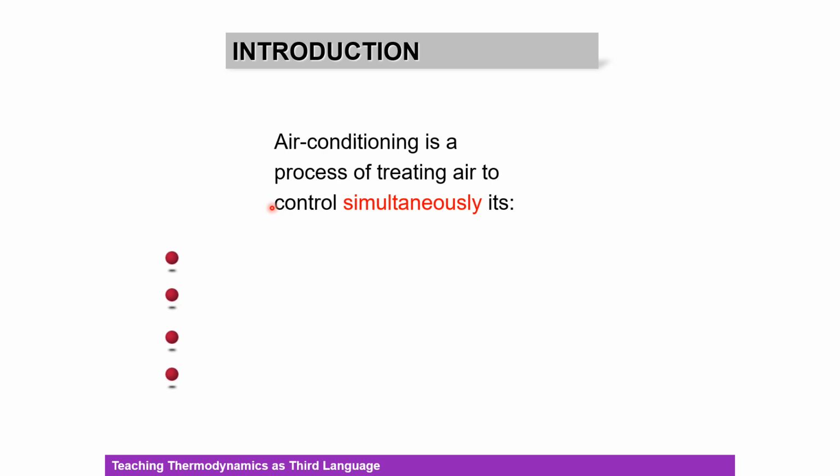Because you want to control simultaneously, first, its temperature. So if you feel hot at home, you will switch on your air conditioner because you want to bring down the temperature in the confined space where you are staying in. So that is controlling the temperature.